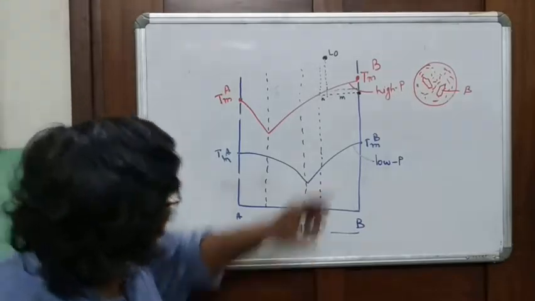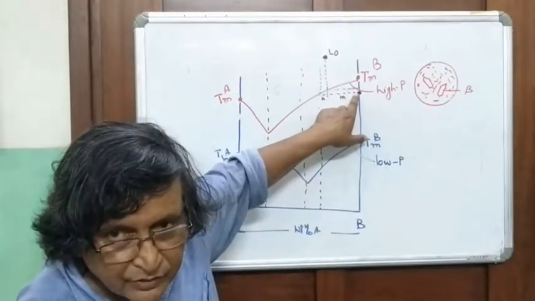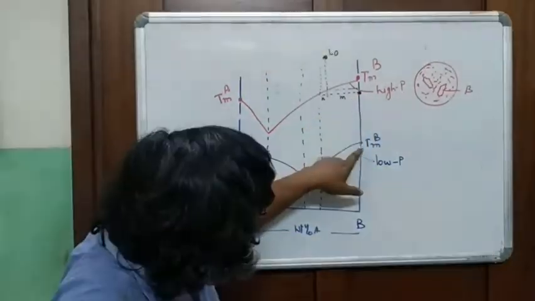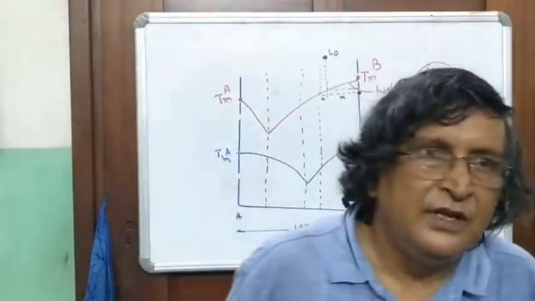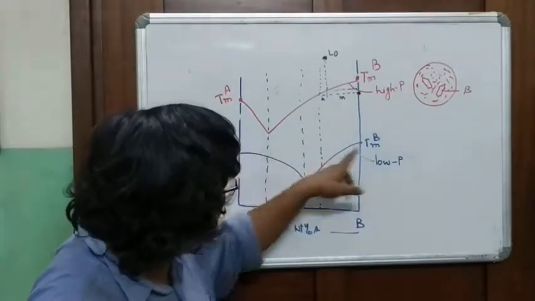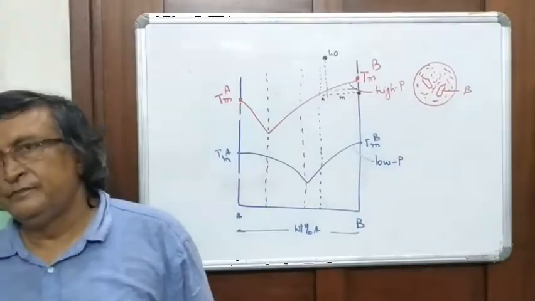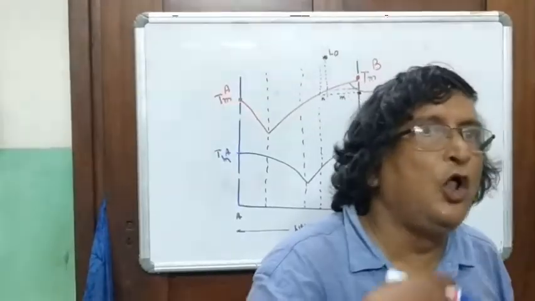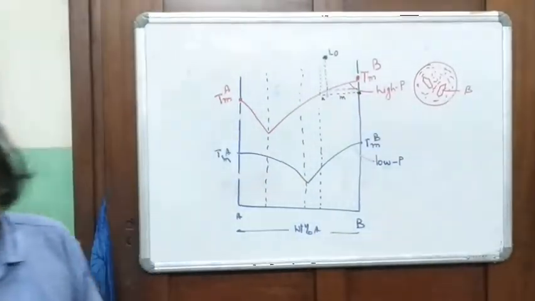But your crystals of B, above P and B, crystals of B cannot survive. They have to be in the melt. There is no stability with respect to this low pressure eutectic. All the B should go into the melt. If you allow enough time, all the B shall go into the melt.